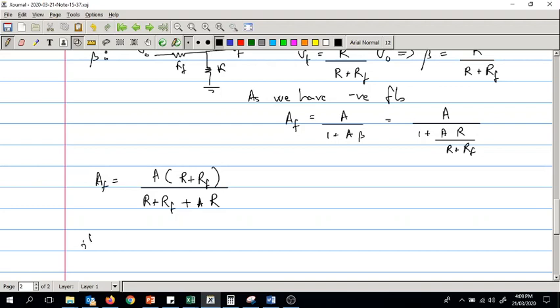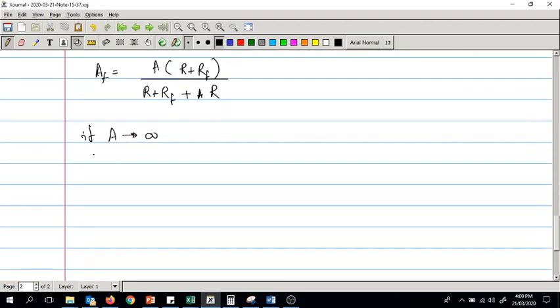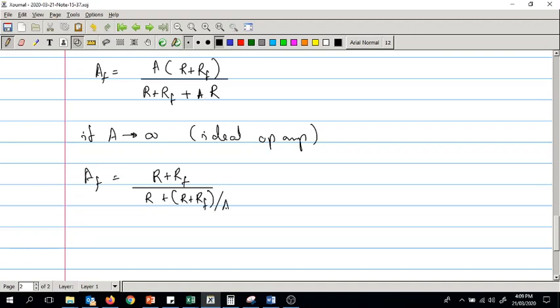Now if A is infinite, we have to manipulate the gain function a little bit. This is for the ideal op amp. AF is equal to, we'll divide everything by R, so R plus RF divided by R here plus R plus RF over A, and this A goes to infinity.